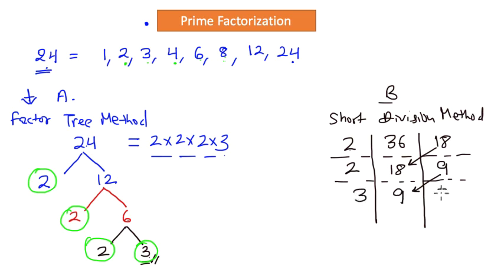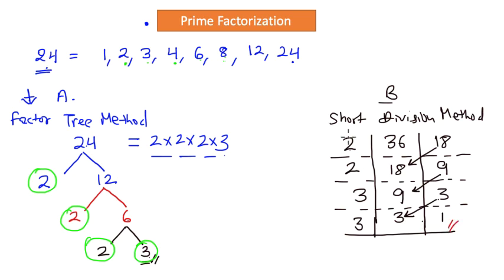So 3 times 3 is 9, and this completes our step 3. So finally, I have obtained 3 here. I get 3 back in the dividend area, and of course, 3 is divisible by 3, which is a prime number. You get 1, and then finally you stop. You stop when you have obtained 1 here, all right?